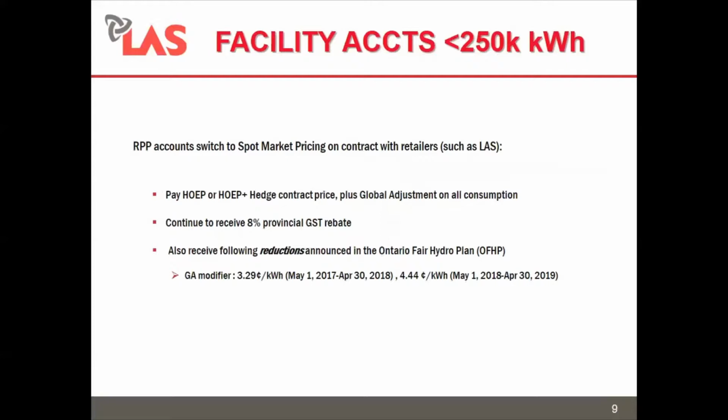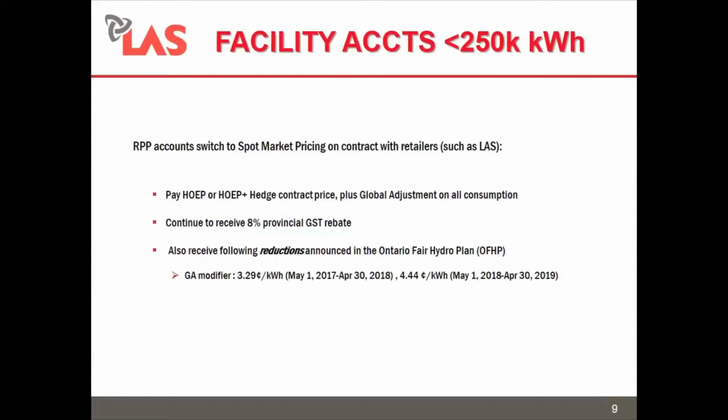I understand a large number of LIS members have RPP accounts, and they switch to the program LIS is running, so they switch from RPP to spot market pricing plus GA.